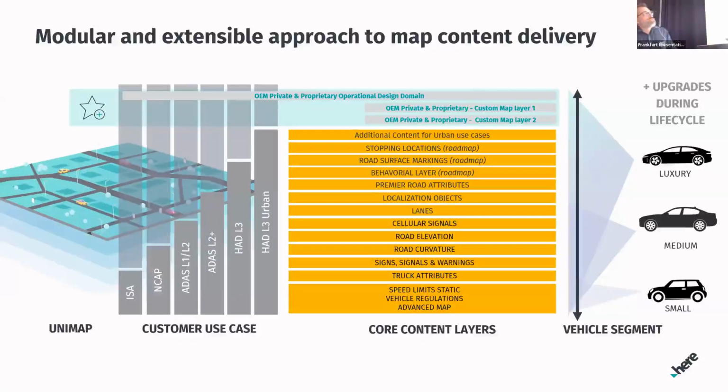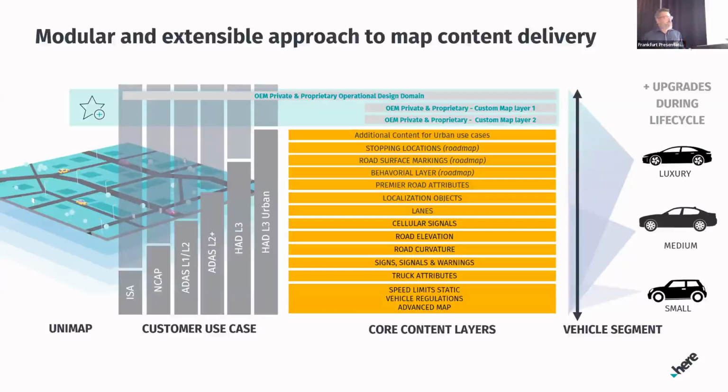Next, I would like to show a little more on what Connected Map Layers is. As I mentioned, it addresses use cases, and it is focused on the use cases which you need, for example ISA, NCAP, and L1, L2, L3 use cases.